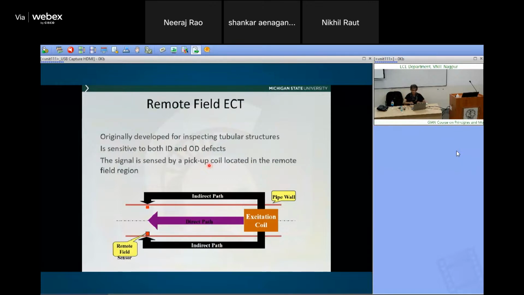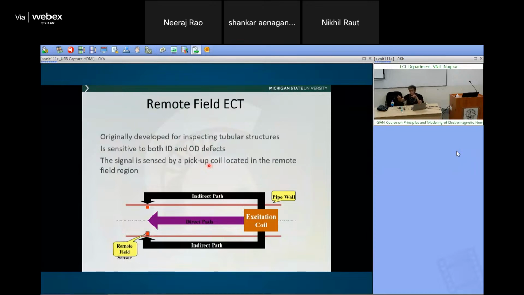Okay, so if you look at the flux plot of a coil, in the immediate vicinity you are closely linked to the coil. But there is also weaker flux going outside. So if you consider inside a pipe wall, and you put a pickup sensor close to the exciter, you will get information from the flux that only goes up to the ID and turns around.